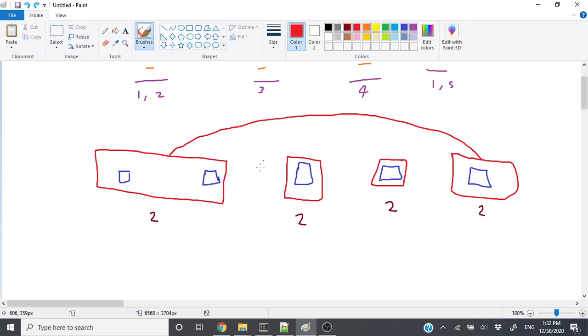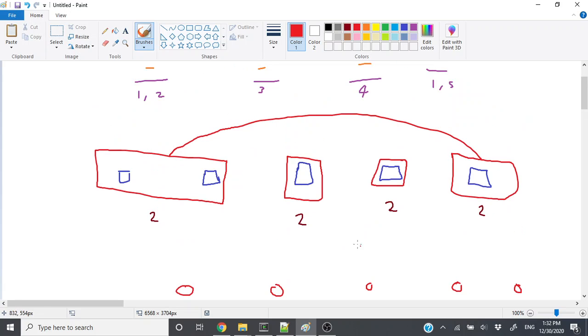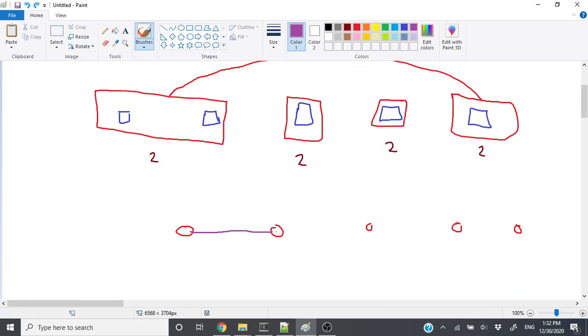So now let's draw a graph where each node is a light and the edges are the switches that connect them. So for example, like so. We have 1 and 2, and 1 is connected to 5, and these things are independent. Now, we have complete control over these 2. So these components we can consider solved.